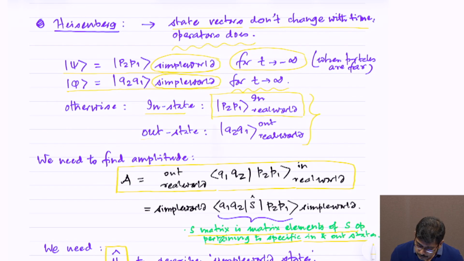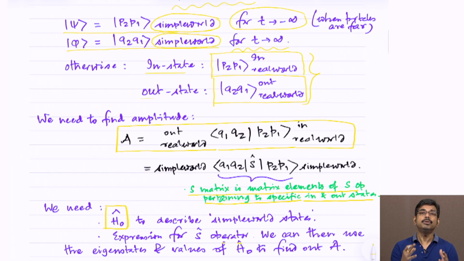Similarly, the out state will be |Q2, Q1> real world, not the simple world that we were talking about. So basically if we have to calculate the outcome of this scattering experiment, then we have to find A, which is nothing but the expectation value of <Q1, Q2 out, real world| with |P2, P1 in, real world>.